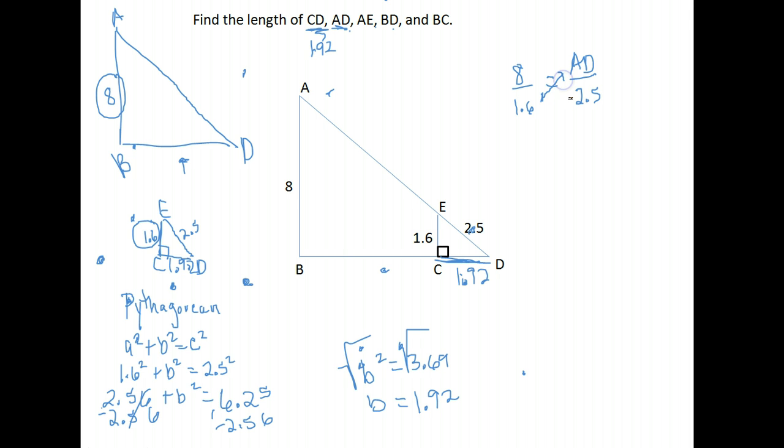And we go ahead and solve that. We just did ratios and proportions in our previous lesson, so hopefully you remember we cross multiply. I'm going to take 8 times 2.5, and that's going to equal 1.6 AD. When I do that, I get 20 is equal to 1.6 AD, and I divide both sides by 1.6.